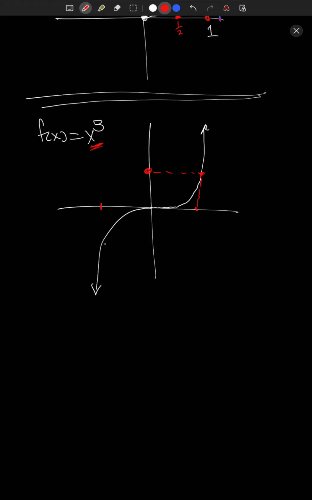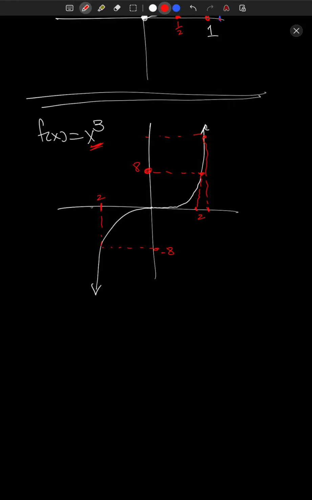Or I can plug in -2. My output is going to be -2 cubed, which is -2 times -2 times -2. You've got 3 minus signs, so that's going to be -8. So let me label these 2, 2, -8, 8. And you can see that this pattern holds for any input. If I put a number in here, I'm going to get some output there.